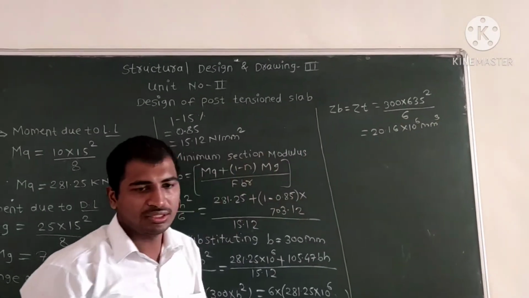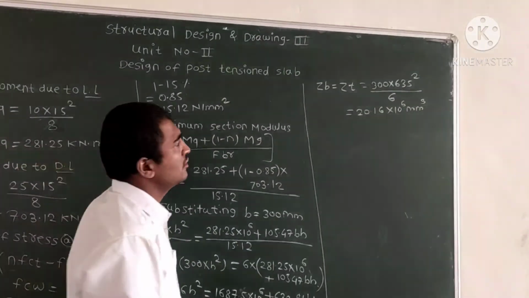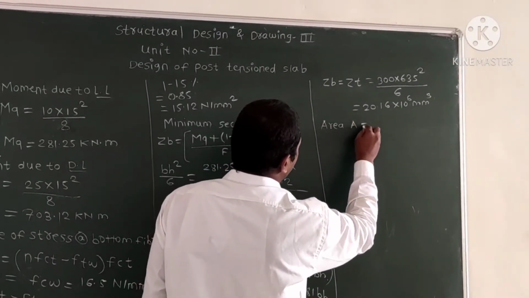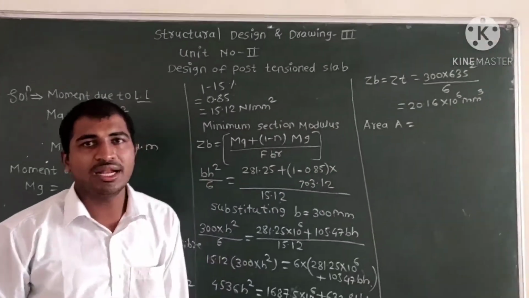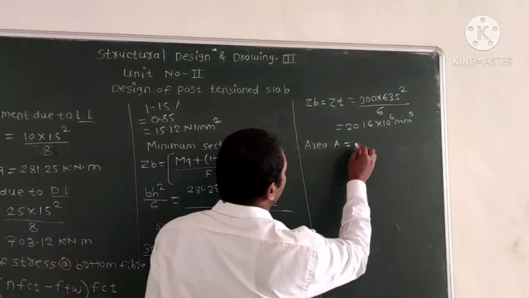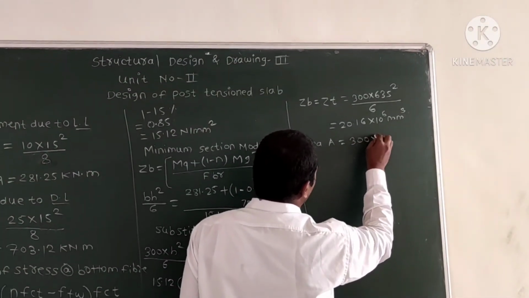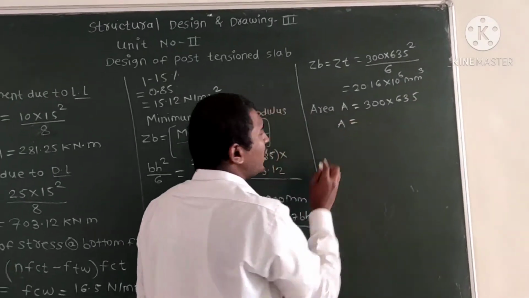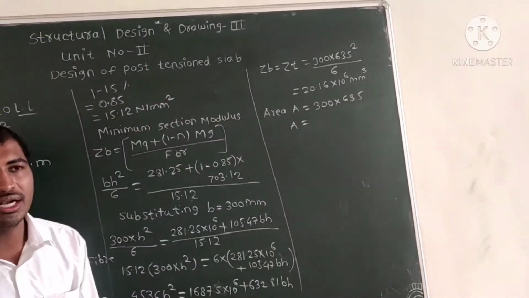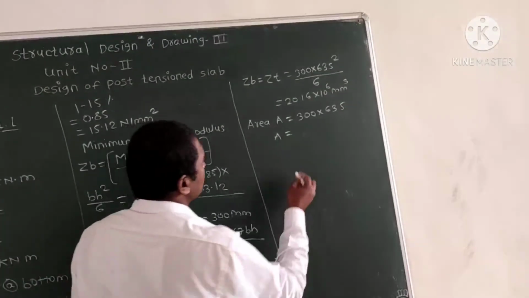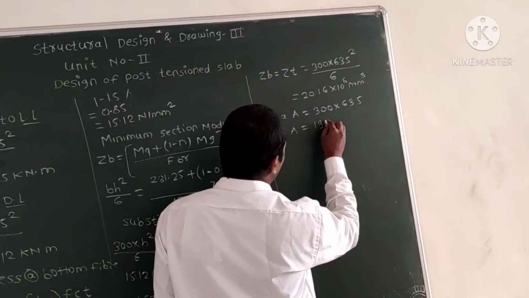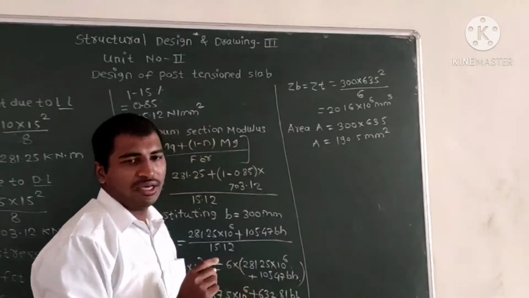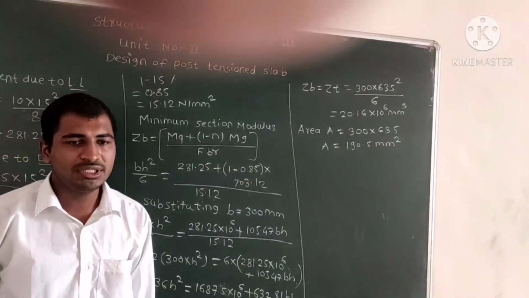This is ZB, ZT. Area is 300 into 635. Find out the area, we get 190.5. This is the area.